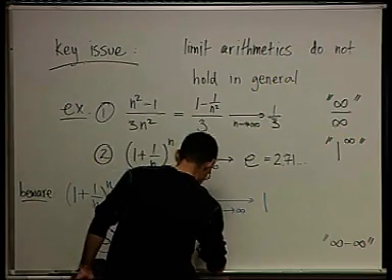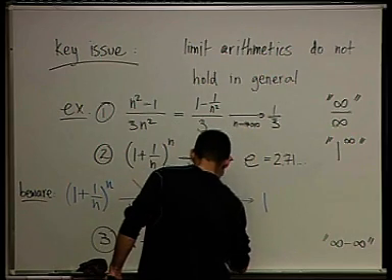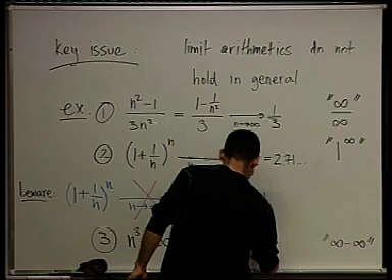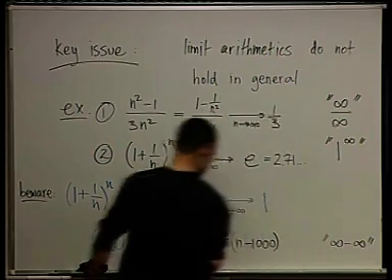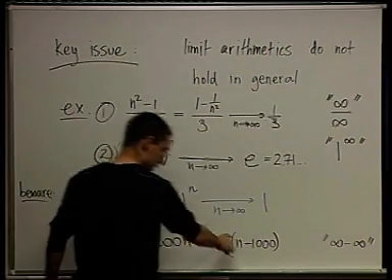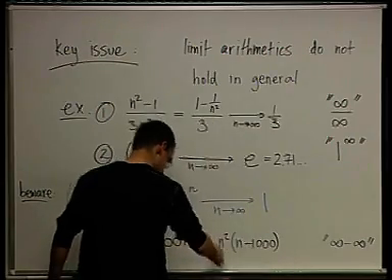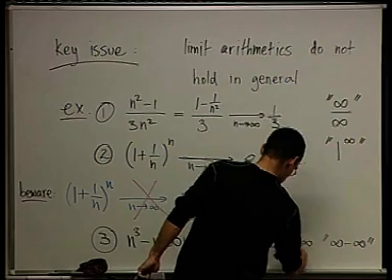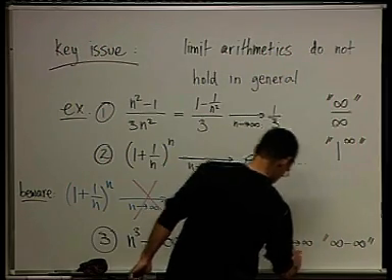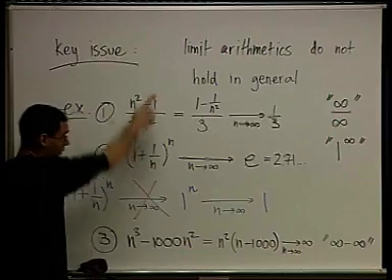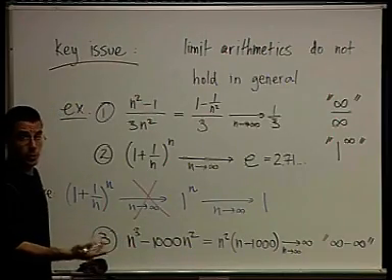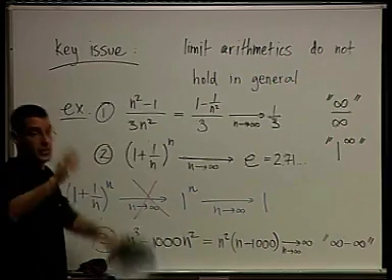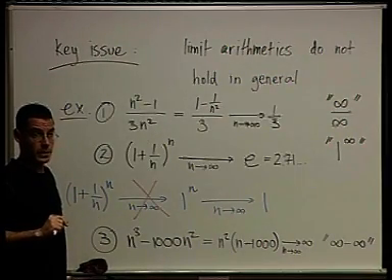A formal way of writing it is to pull out an n squared here and leave n minus 1000 here. Then n minus 1000 goes to infinity, n squared goes to infinity, and this goes to infinity. And that's an example of one limit arithmetic that does hold. So infinity times infinity is infinity. Okay, clear?